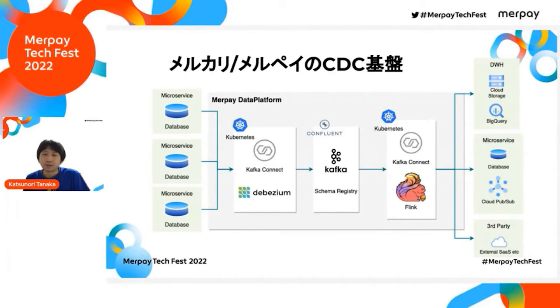We also use Flink and Kafka Connect to get data from Kafka, process it, and send it to BigQuery and GCS for analysis, to Cloud Pub/Sub and other databases for use in services, and to third-party services. To summarize, it is an orthodox configuration with Kafka as the hub.